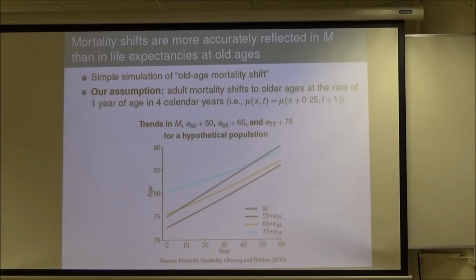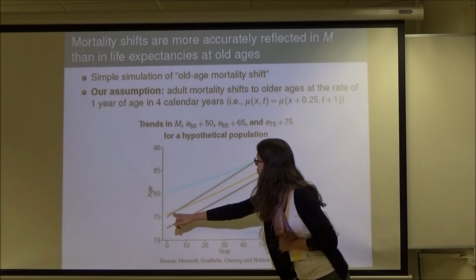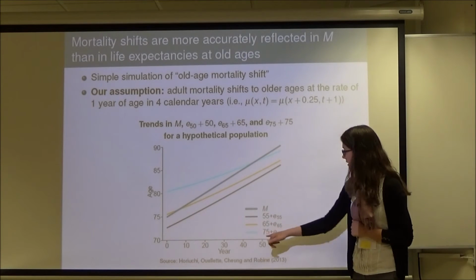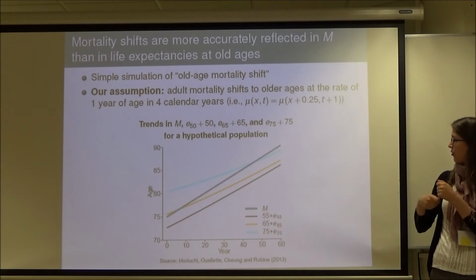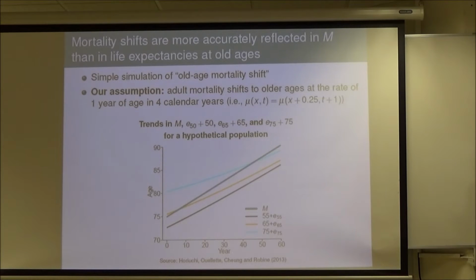The results of this simulation exercise showed that M increased from age 65 to age 90 in 60 simulated years, therefore capturing exactly the mortality shift that this simulation was input with.